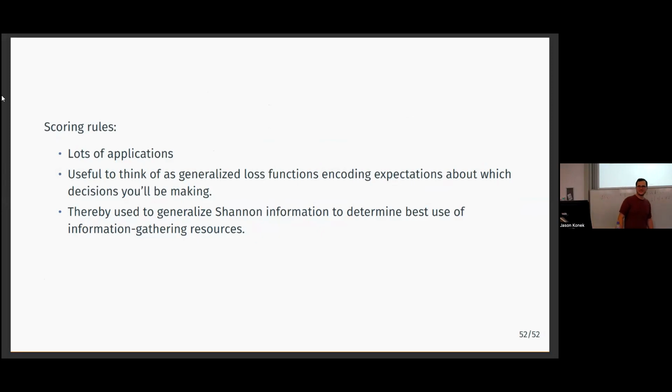There are lots of applications. I was very worried that I was going to be done in like 70 minutes, because an hour 45 is not a usual amount of time to take. So I think there are a lot of applications. I think this generalized loss approach that Shervish came up with is really nice conceptually.